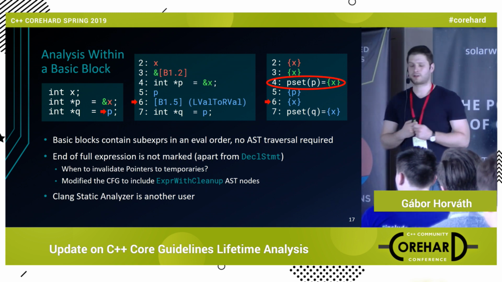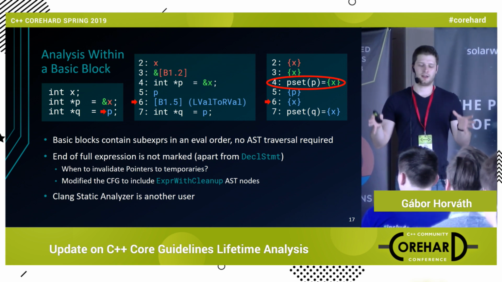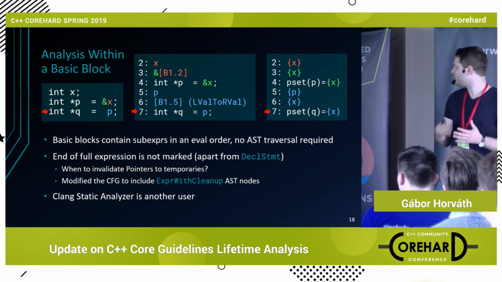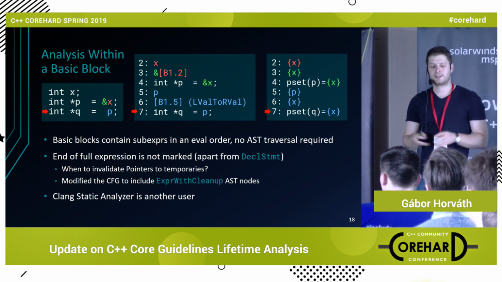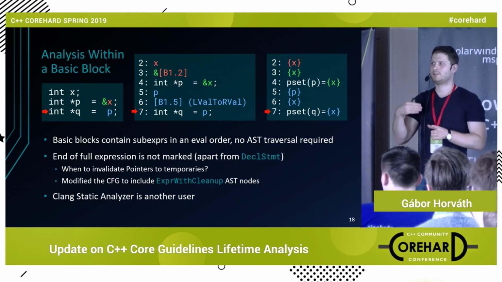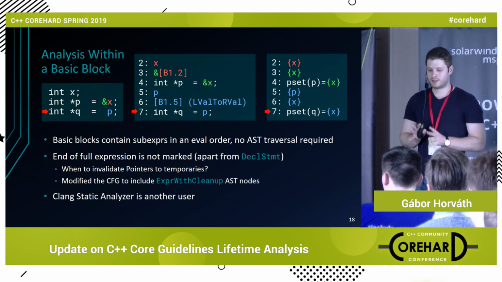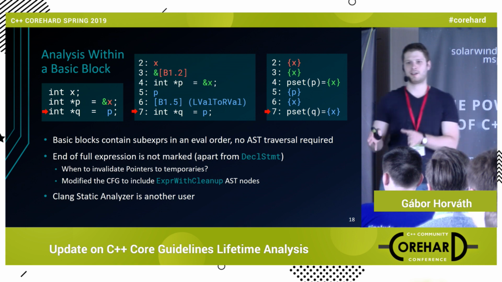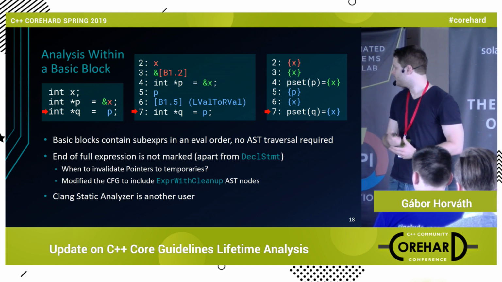So earlier we stored that p points to x, so we can evaluate the points-to set of this expression to be x, and this is how we know that actually q will point to the same variable as x. It is very easy to derive these facts by only looking at the code, but it was a bit harder to actually formulate this formally based on the concepts we have in the AST of the Clang compiler.